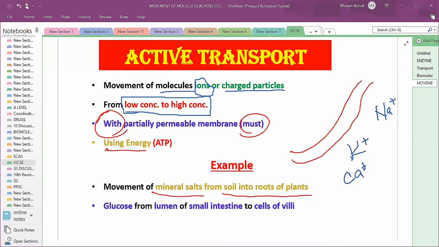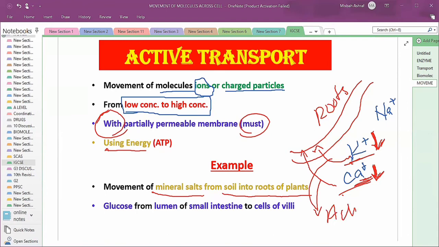If these molecules have lower concentration outside than the roots, and roots have high concentration, then potassium has low concentration, so it will move by the process of active transport. This downward arrow is showing that they have the lower concentration. These both have the lower concentration, so these both will move by active transport.